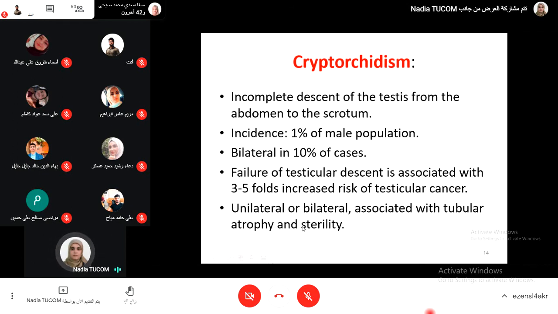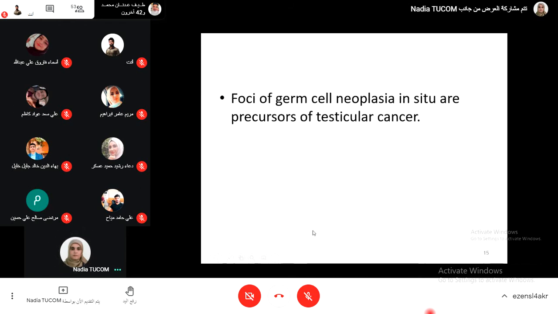Tubular atrophy and sterility or infertility is also a complication. Foci of germ cell neoplasia in situ can be a precursor for testicular cancer in the cryptorchid testis.